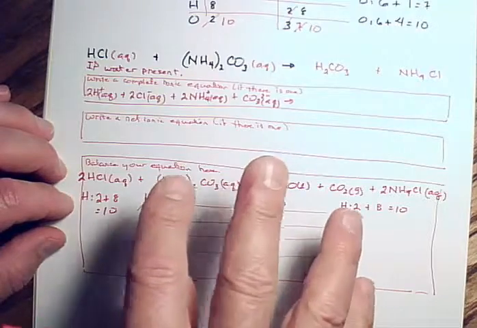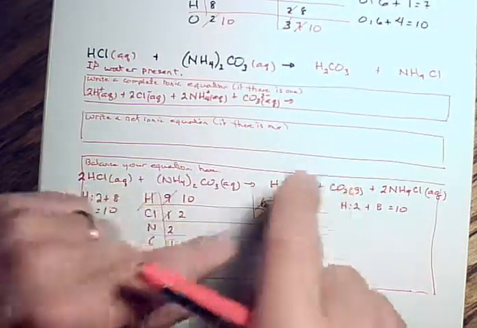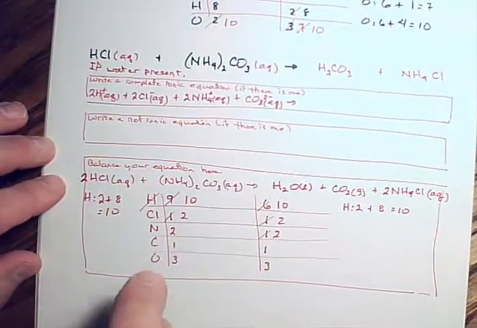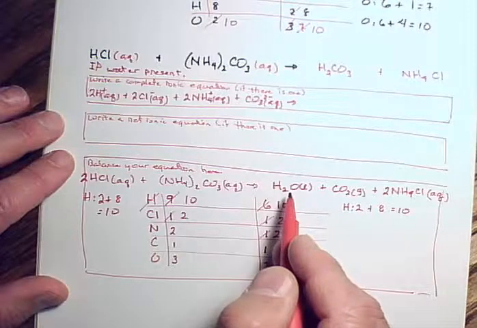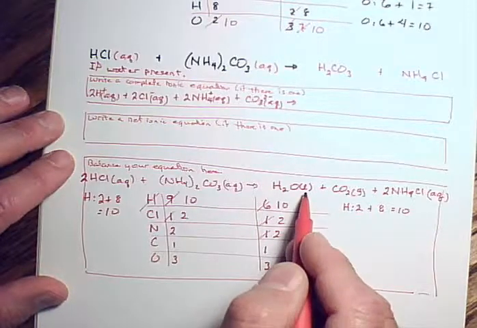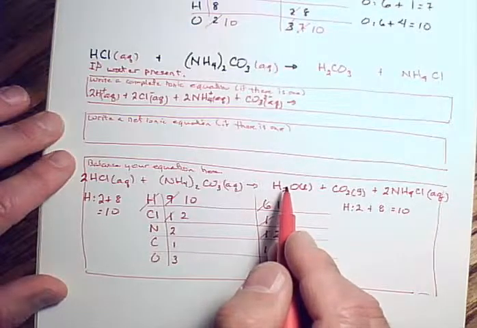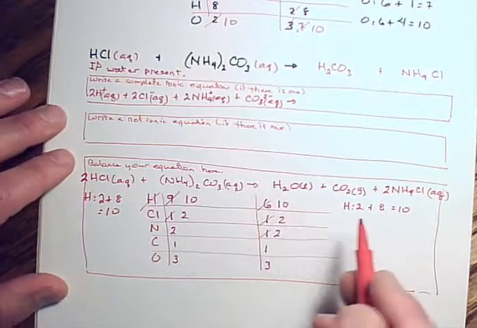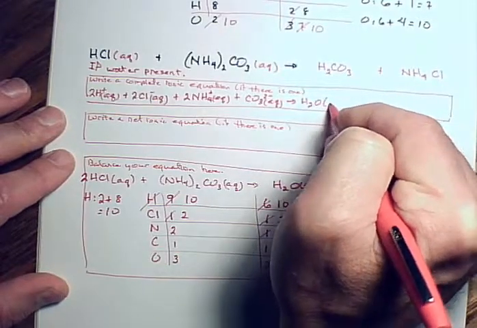Acid or ionic is one condition, aqueous is the other condition. If it doesn't meet both those conditions, you don't split it up. So this doesn't split up. It's neither ionic nor acid, and it's not aqueous. Now, technically, there are conditions where water behaves like an acid, but in this case, it's not an acid. So we're just going to leave it just like it is, H2O, liquid.